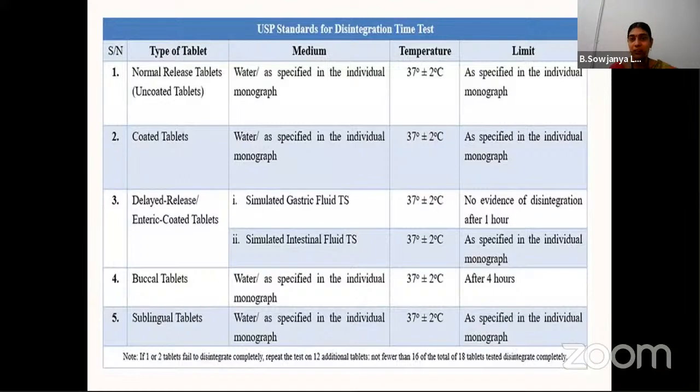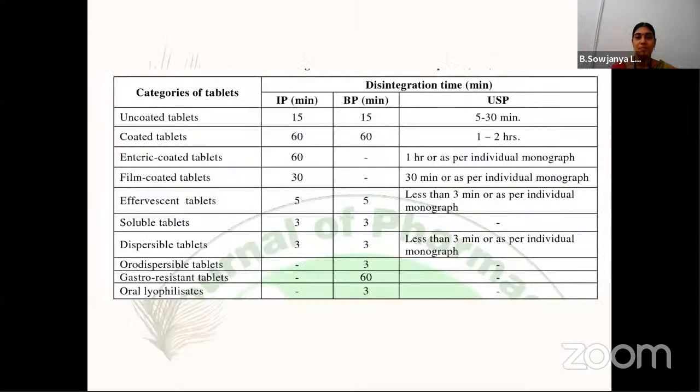And also delayed release or enteric coated tablets, after 1 hour and the other delayed part, completely disintegrate.